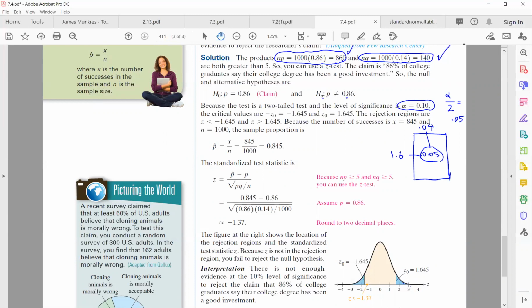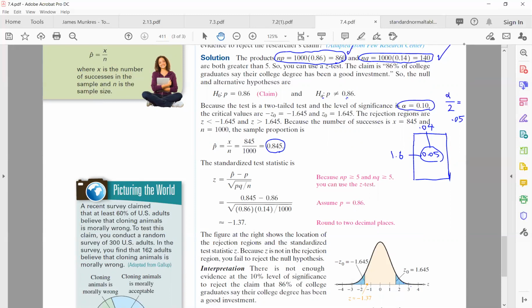Next step is to form the sample proportion. Remember, for the sample, we use p hat. Compare these two: P is the population proportion, p hat is the sample proportion. 845 students said it's a good investment out of 1,000, so you do the division to find your p hat.